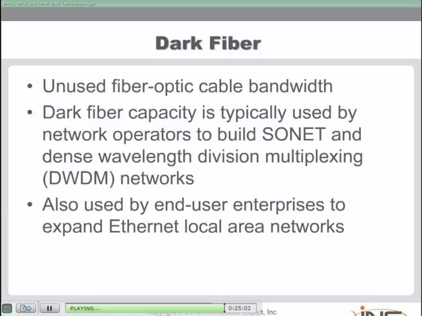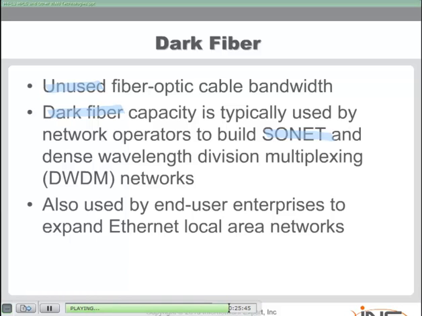Since most of the expense went into the labor of putting all this stuff in, and relatively little expense went into the fiber itself, there was tons and tons of bandwidth that was laid. It's now, in many instances, completely unused, so that's why it's called dark fiber. Service providers will come along and they will go ahead and take this unused fiber in order to build what are called our SONET networks. We discussed SONET earlier. Or they'll do what are called dense wavelength division multiplexing networks. More on DWDM in a moment.